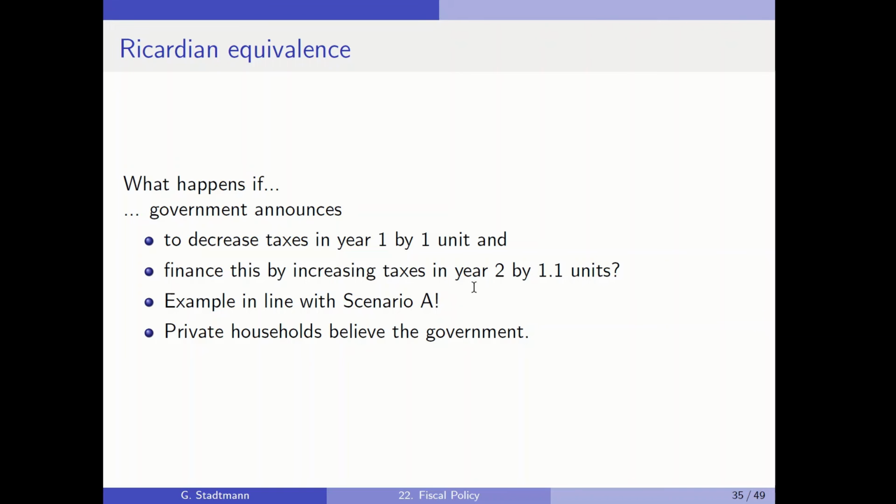It is not the case that the private household is consuming more and thereby stabilizes goods demand and GDP is up in year 1. This is not the case.